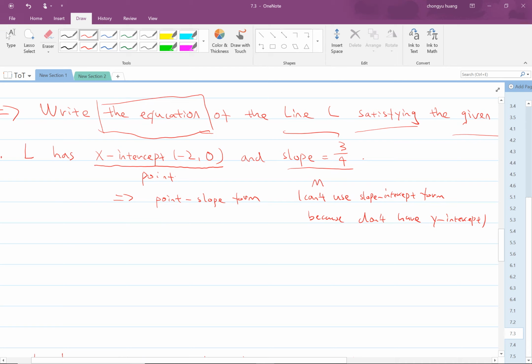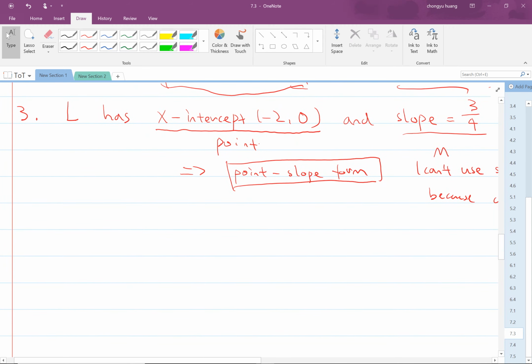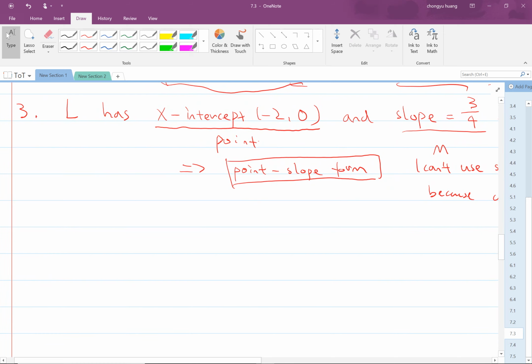So we can use point slope form to solve this problem much more easily. The point slope form, as everyone knows, is y minus y1 equal to m times x minus x1. Here x1 is equal to -2, y1 is equal to 0.